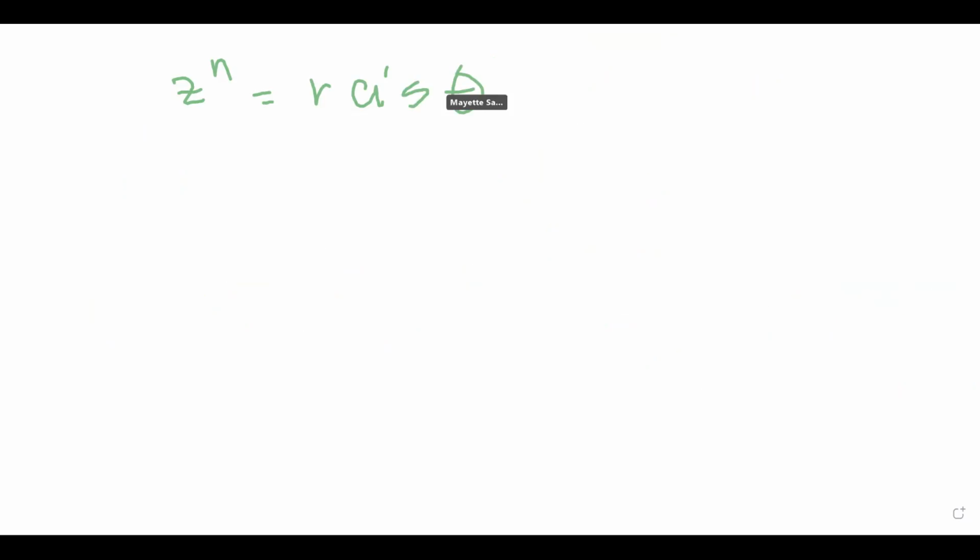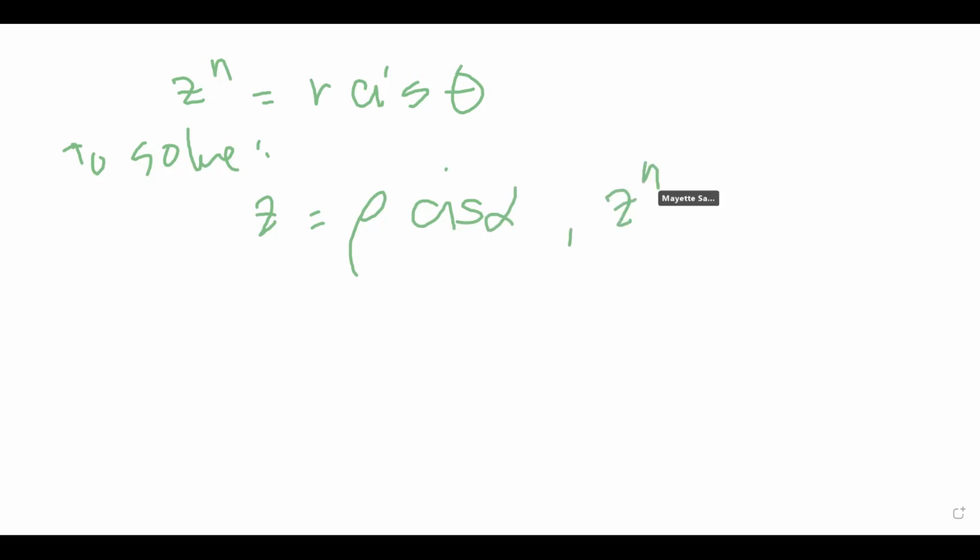Okay, so again, to solve, say z is equal to rho CIS alpha, and we have z^n is equal to r CIS theta. This will be rho CIS alpha, and this is going to be z^n.